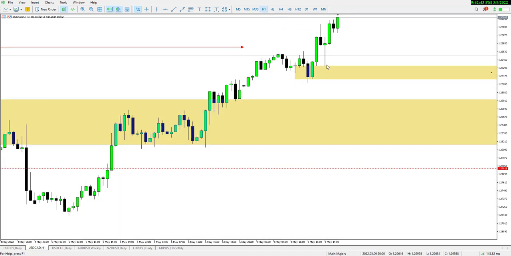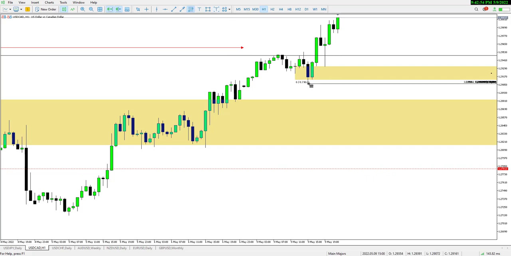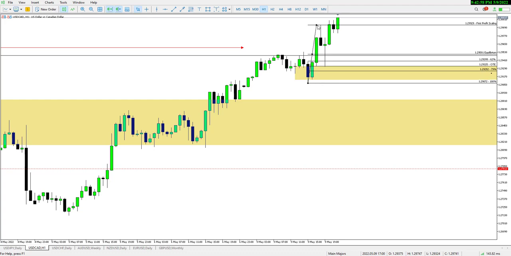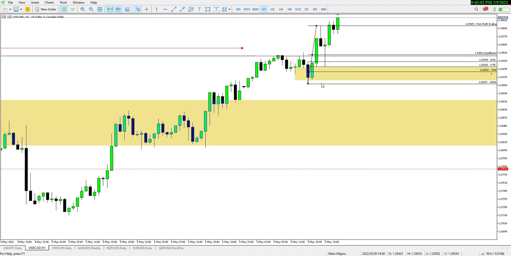On H1, we already see how price has found support when it retraced back to this level. Now, if you are scalping, this is where fibs become important. You already have a low and a short-term high created. Retracement, optimum trade entry. There's a discount already that you'd have marked on H4.